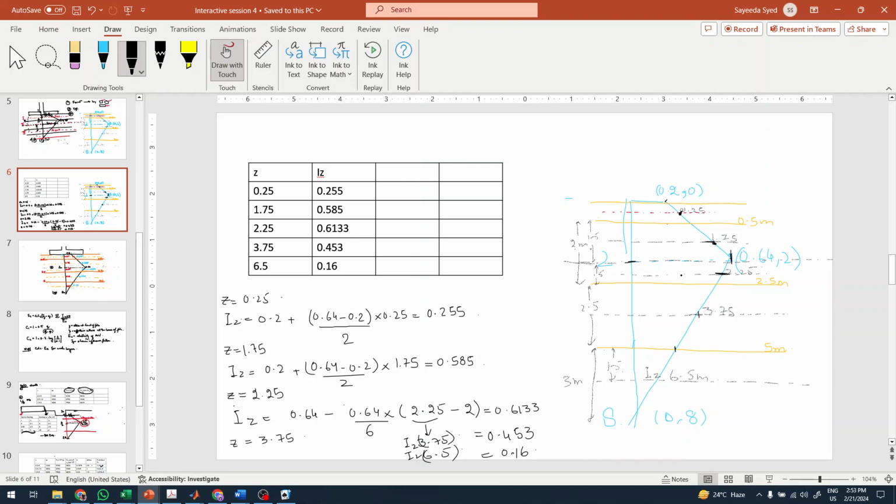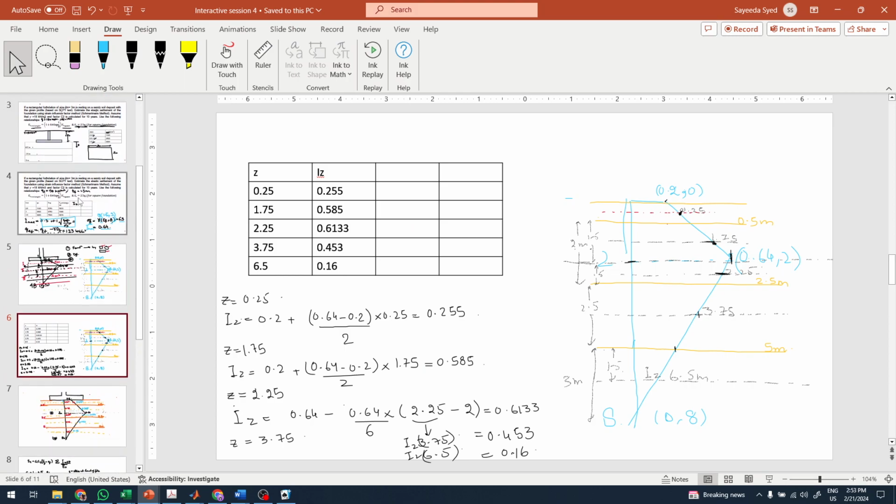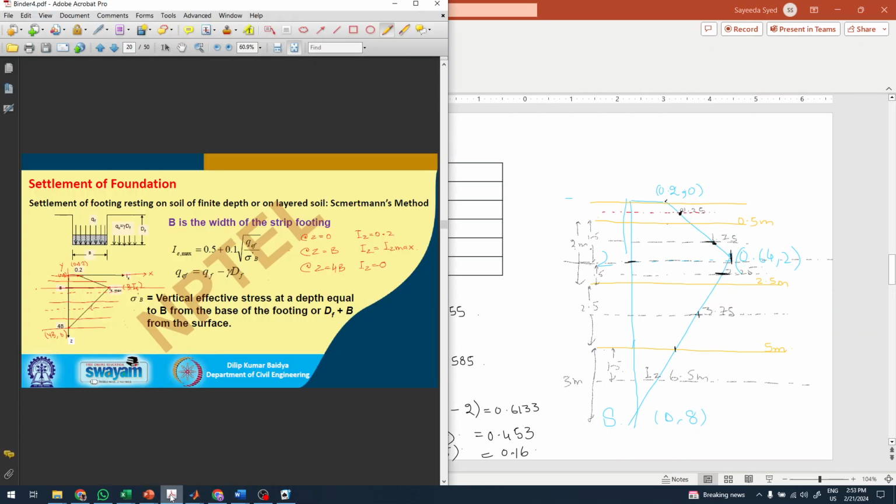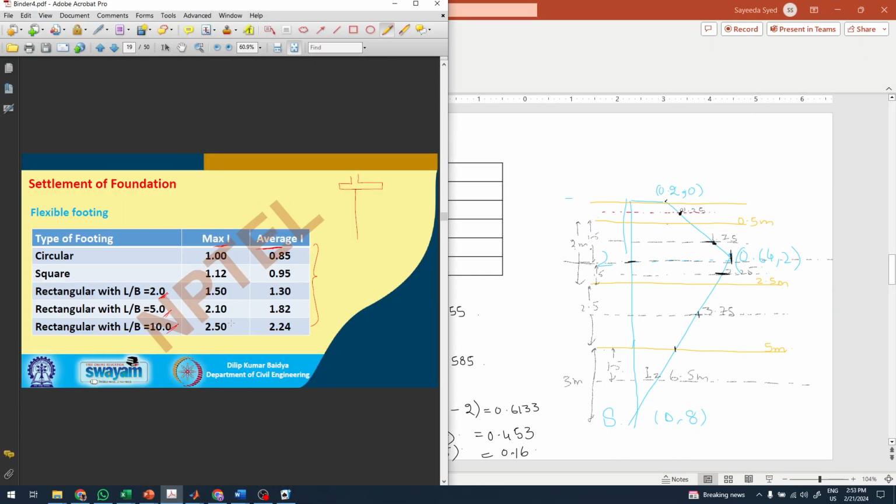So let us now calculate. So where is our formula? Schmertmann formula. Let's recapitulate then.